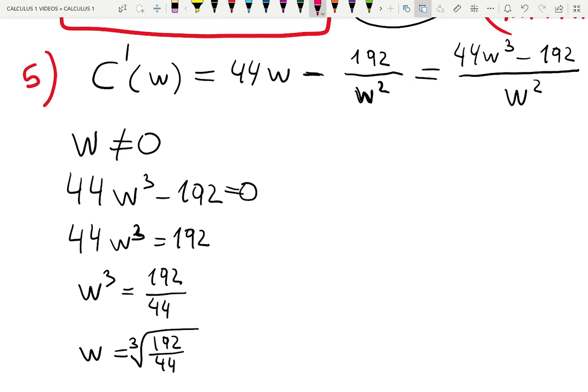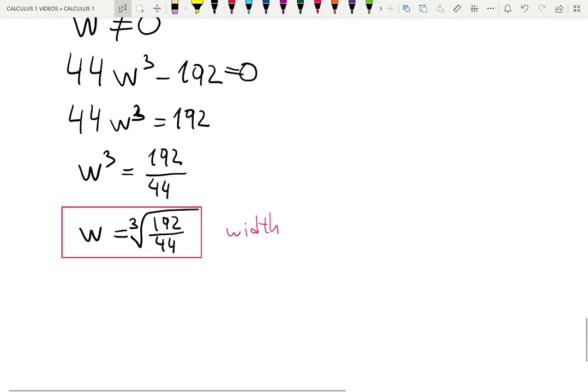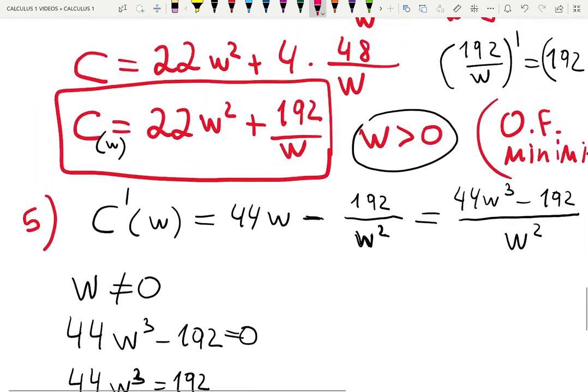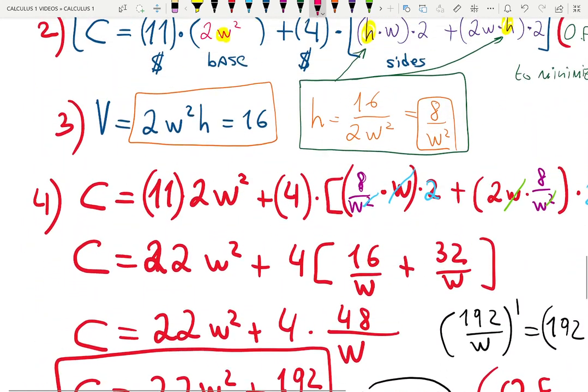So this is our solution for what? Do you remember what w even is? That is the width. Actually, we don't know yet if this is the optimal width, but we know that it's a potential solution because it is a critical point. Remember, it only can be a critical point if it is in the domain of the original function, which we never wrote down. What was the domain?